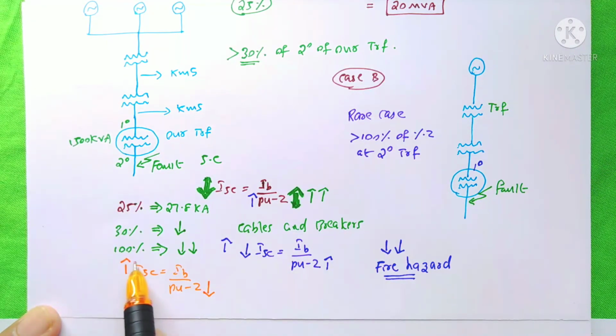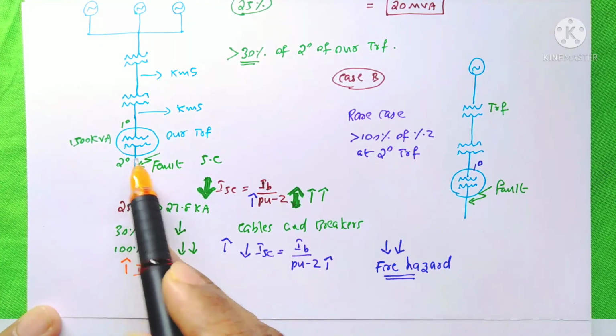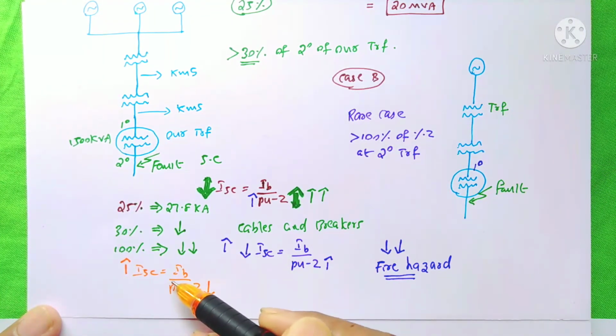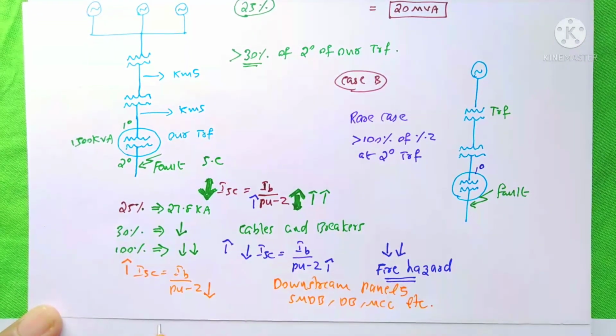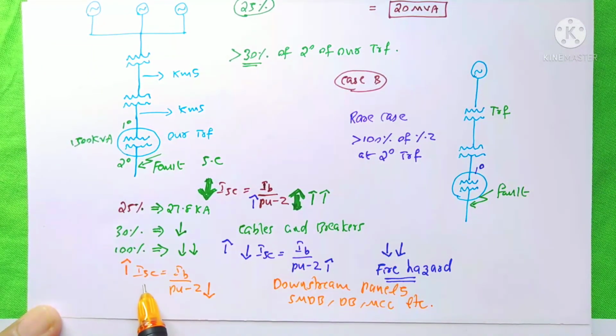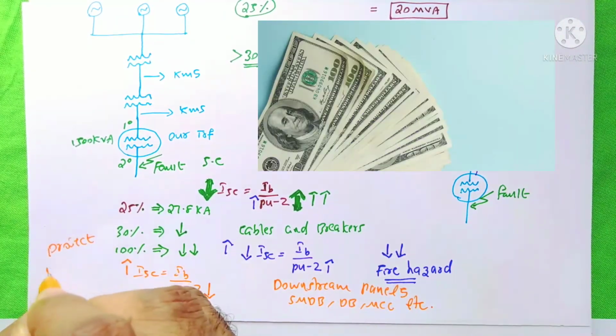And the calculated short circuit at the secondary of the transformer will affect the short circuit capacity of every other downstream panel. Here you unnecessarily increased your short circuit capacity, and due to that the cable conductors and breakers on your main DB and all other panels will be increased too much. Suppose your project is very big, you are going to lose huge money for that.